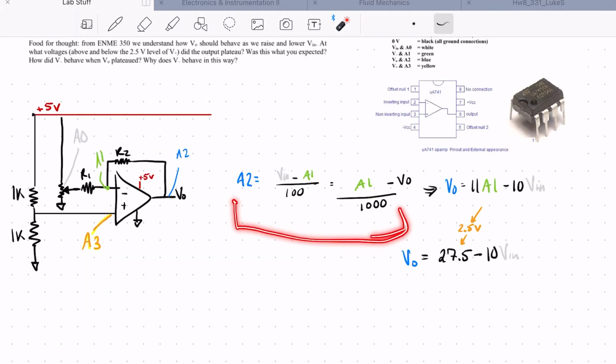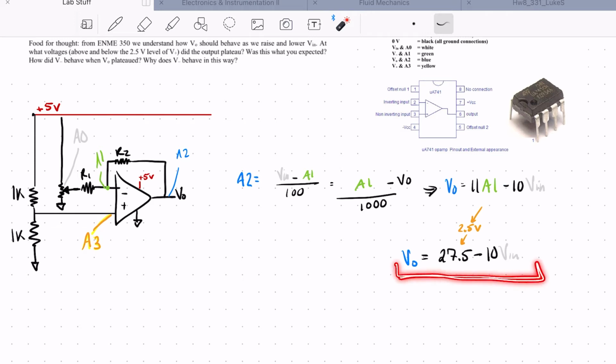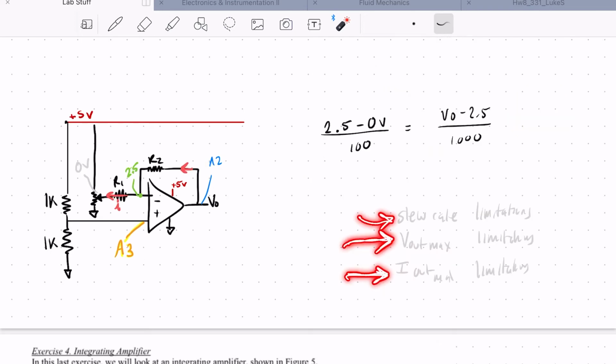So if we work out what V out we can expect, we can see that there's kind of a reference value, and then depending on what V in we give, we'll get either above or below that. But of course, there are limitations of the op-amp, so we might not see the high rail voltage or the low rail voltage values.